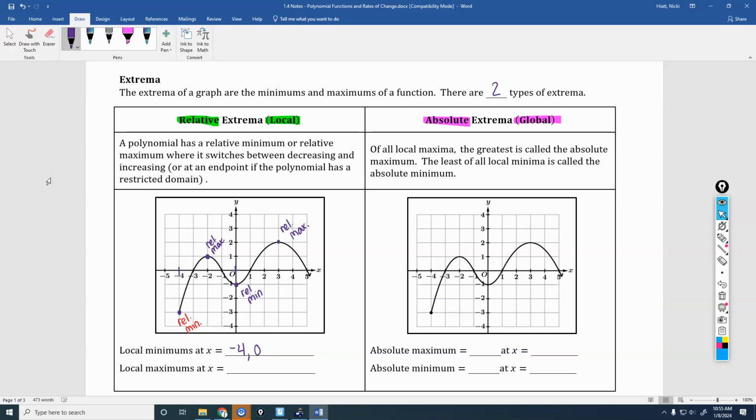It's really tempting to say you've got a relative minimum at -1, particularly for that middle one, but you're given the x coordinates. You have local maximums at x equals -2 and 3. Okay. Questions?